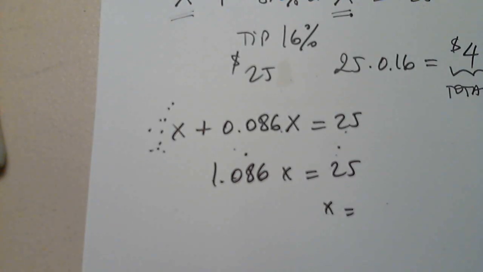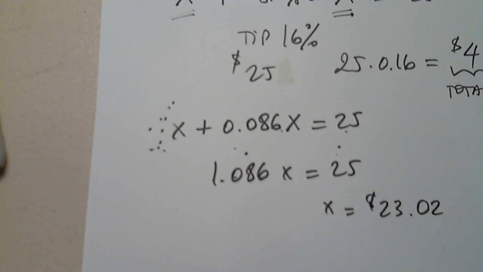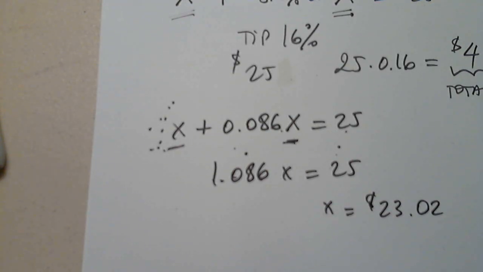So the actual price of each sandwich is 25 divided by 1.086, so that is $23.02. I don't know if that's what they're asking. I'm just saying, if we need to determine that.